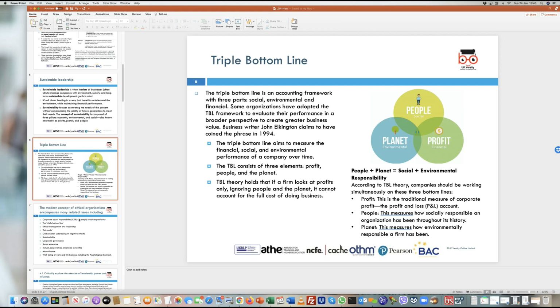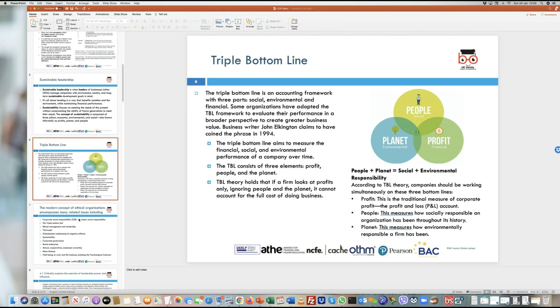So when it started off, he proposed that when we look at accountability for organizations, we need to look at the social, environmental, and financial aspects, incorporating all three to ensure that the business produces value at all three levels.